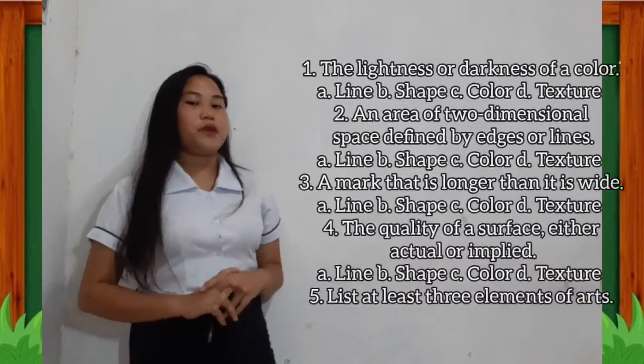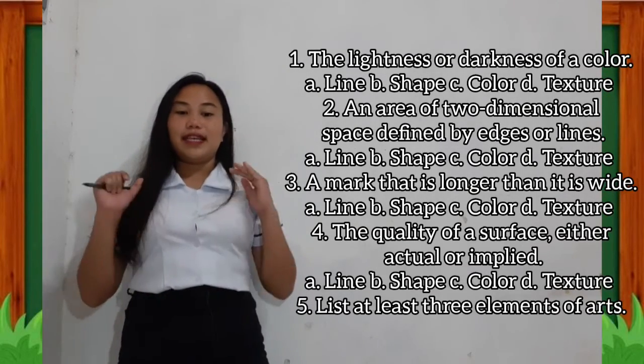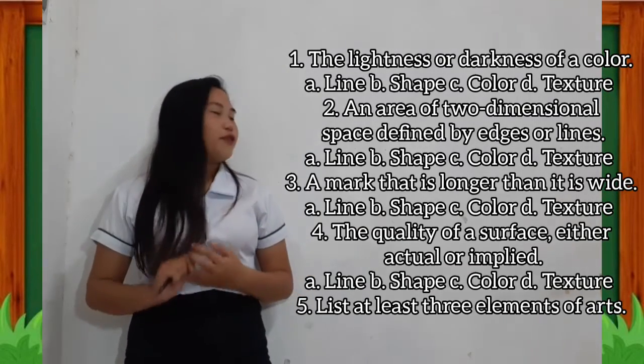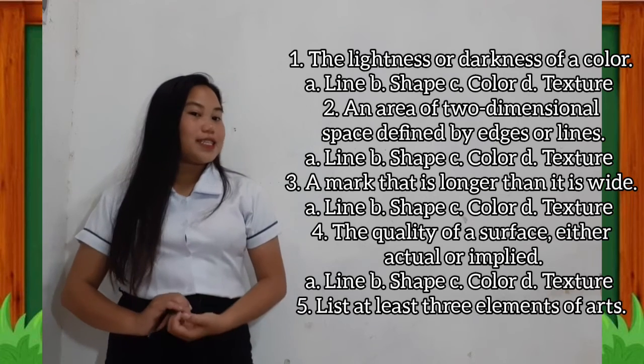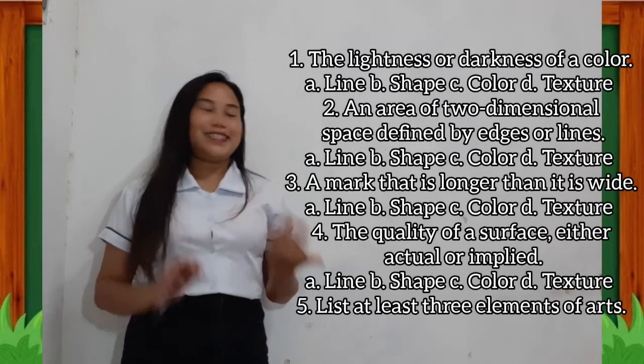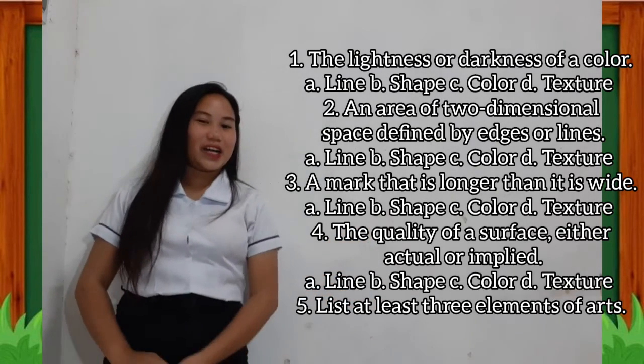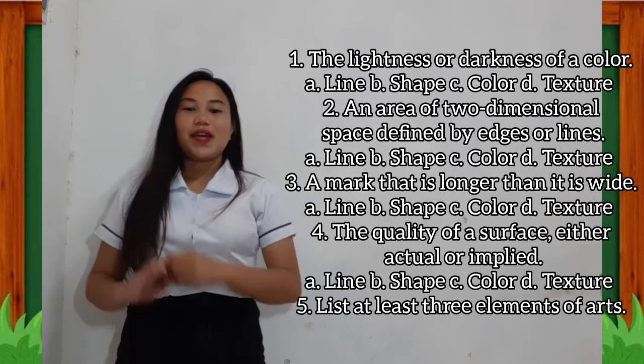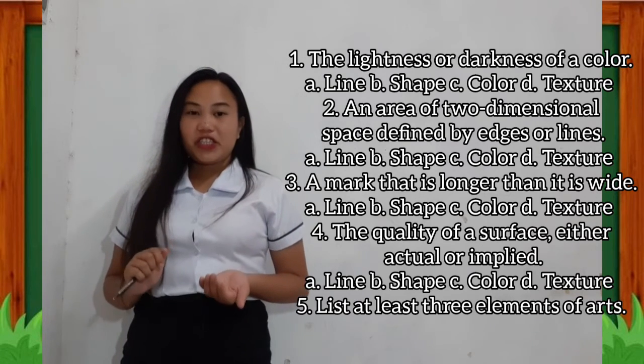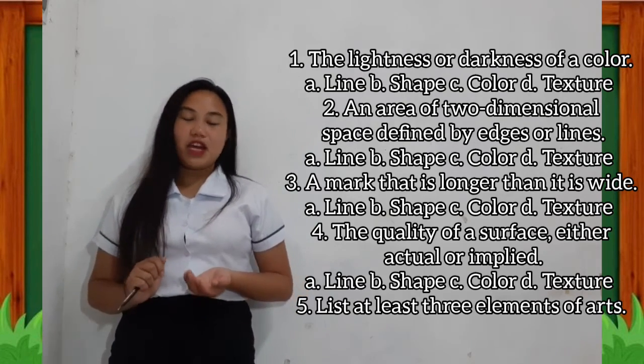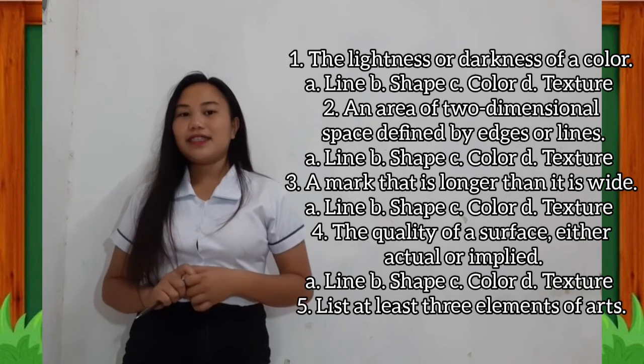So exchange your paper with your seatmate. Let's check your paper. Number 1. The lightness or darkness of color. The answer is C. Color. Number 2. An area of two-dimensional space defined by edges or lines.